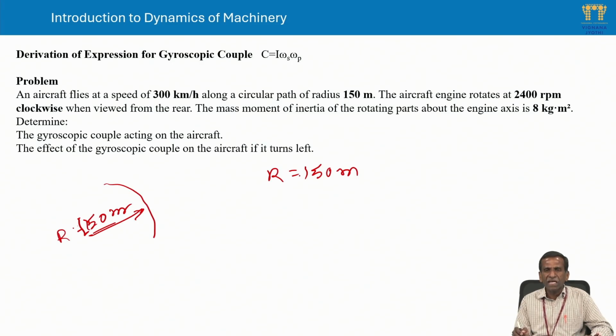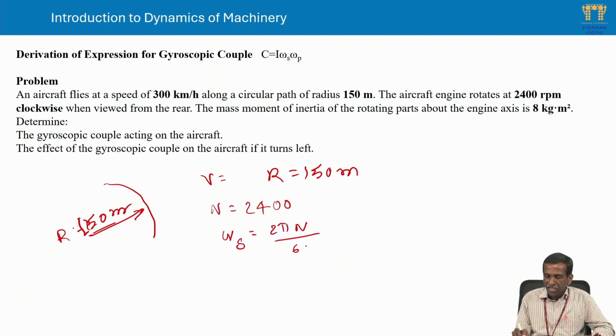Multiplying, we get V. Then the aircraft engine rotates at 2400 RPM, meaning the engine is spinning at 2400 RPM. Then the spinning angular velocity of the body, omega S, we can find as 2 pi N by 60.